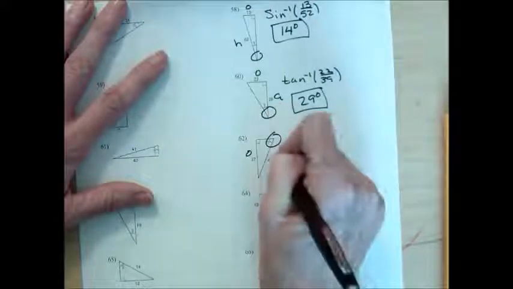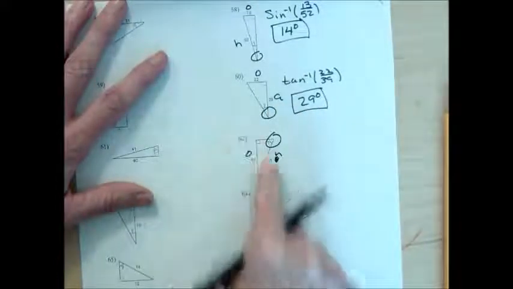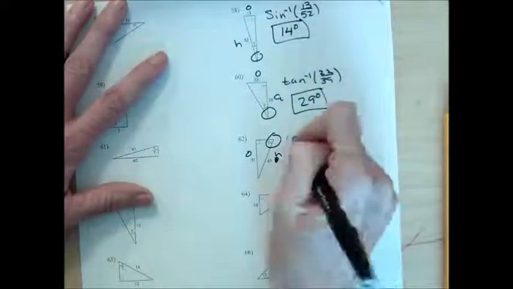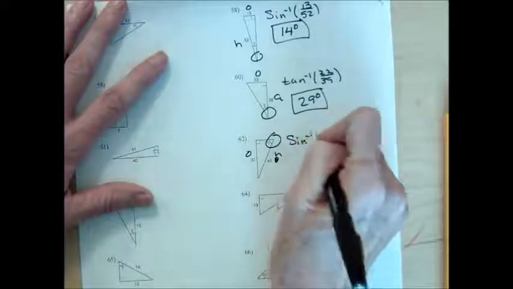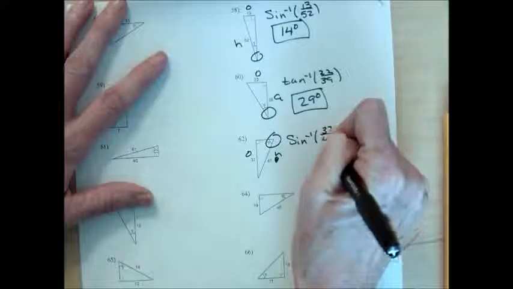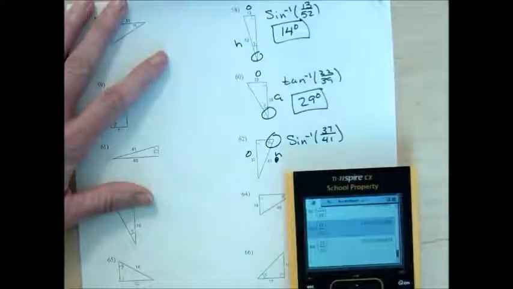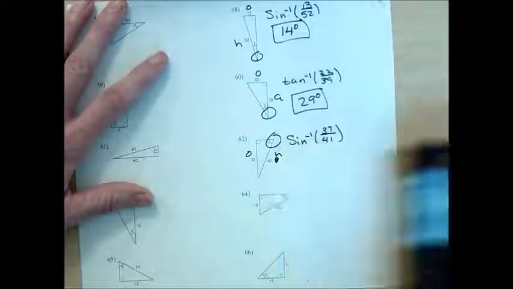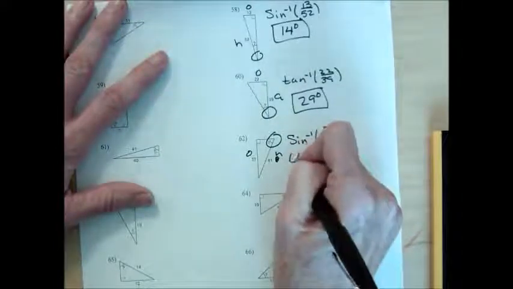Opposite and hypotenuse, I almost got that wrong. That's the hypotenuse. Opposite and hypotenuse are sine, so sine inverse of opposite, which is 37, over hypotenuse, which is 41. So I'm going to go sine inverse 37 over 41. 64 degrees.